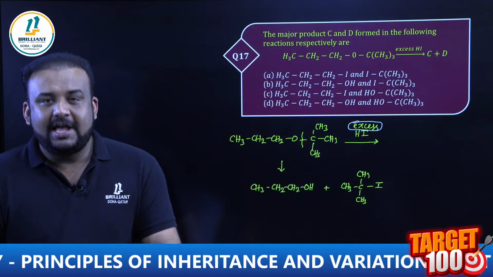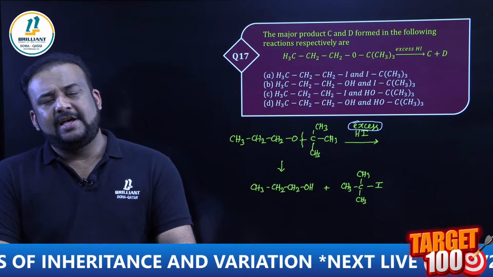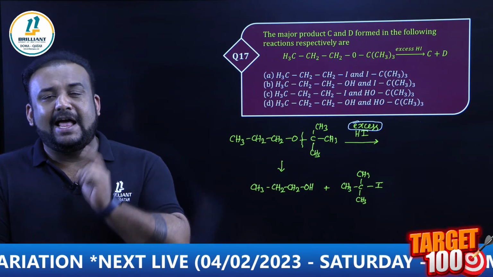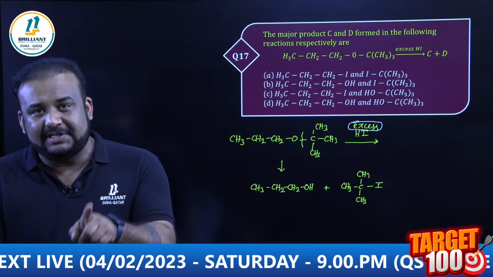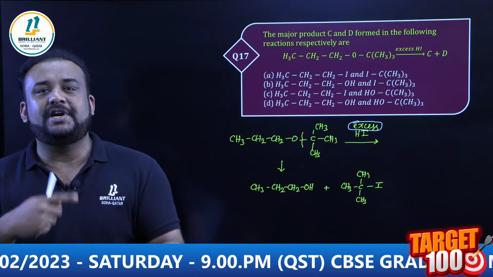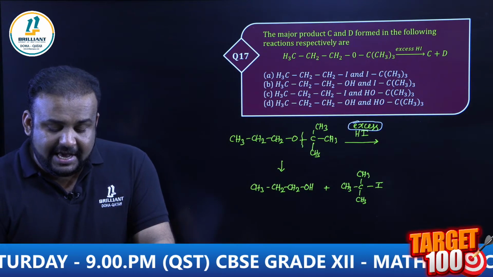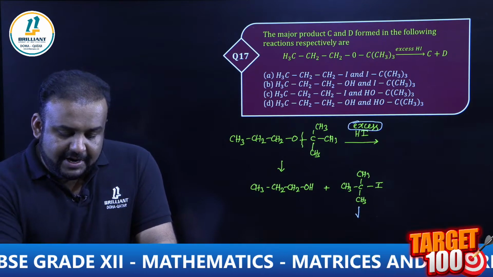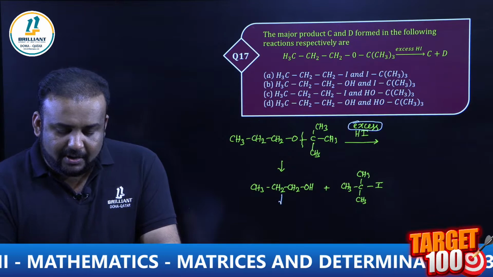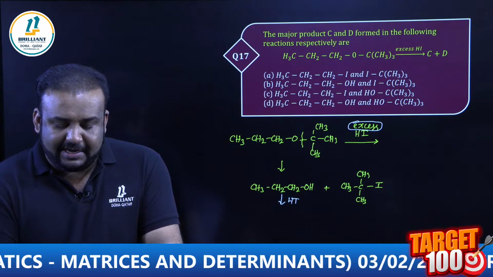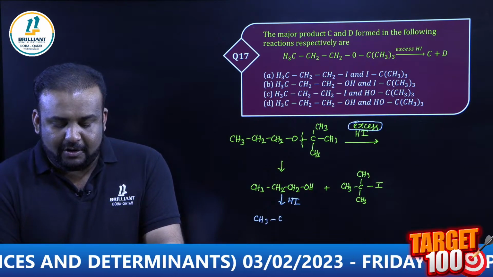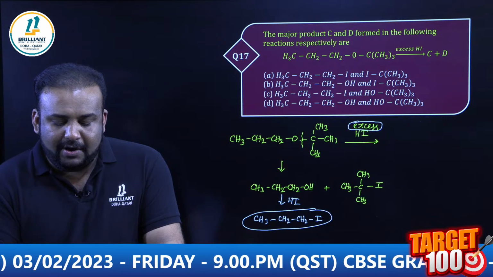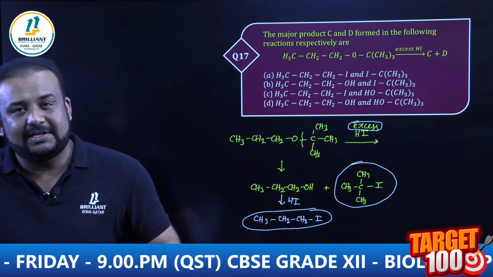Did you see this? Excess HI. Every time you see excess HI, remember, the alcohol which is formed in the first step is again going to get converted into halide. That means the first alcohol which is formed here will further react with HI and form CH3CH2CH2I. That means you are going to get two iodoalkanes.